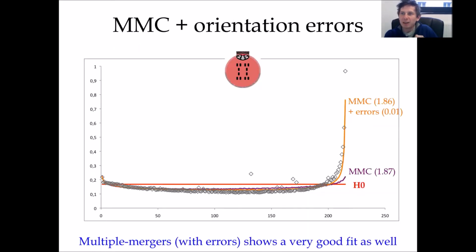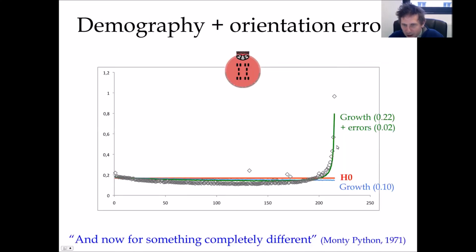So we've been implementing that MMC model. Just doing the MMC, that's the beta model with alpha of almost 1.9, which is smaller than 2. And remember, 2 is the Kingman coefficient. So allowing for an alpha that is not 2 gives rise to the fit of the purple one here. And if you even allow for errors, you will have that fit in orange, which seems slightly better than the green one here, right?